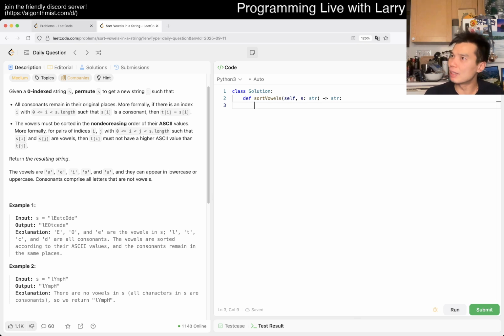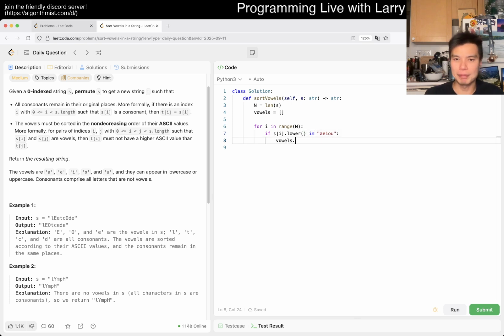Okay, so maybe we have some indexes with values, right? So how do I want to write it? I mean, there are so many ways to write it. It doesn't matter. That's why I'm just thinking about it real quick. Right. So if f sub i lowercase of that is in AEIOU, right?